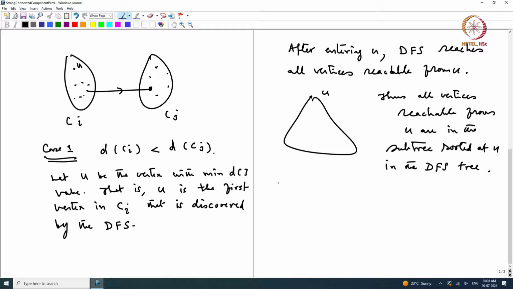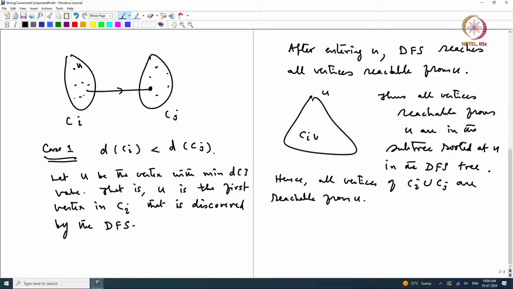Hence all vertices of Ci union Cj are reachable from u. They are all here. Therefore, Ci union Cj is in the subtree.